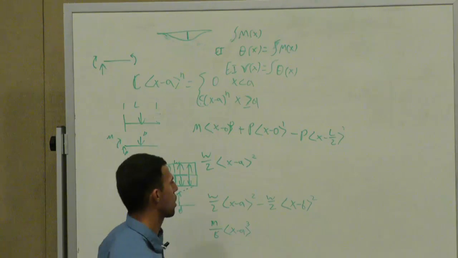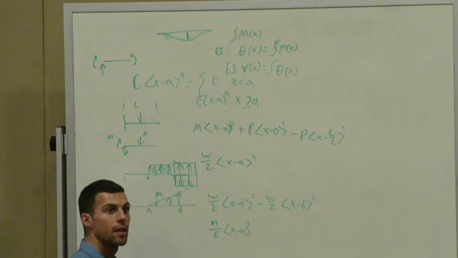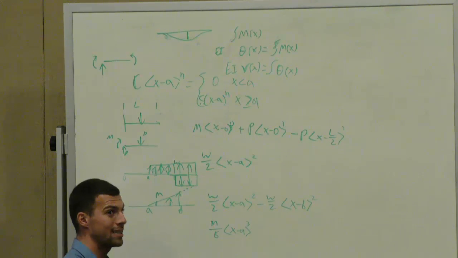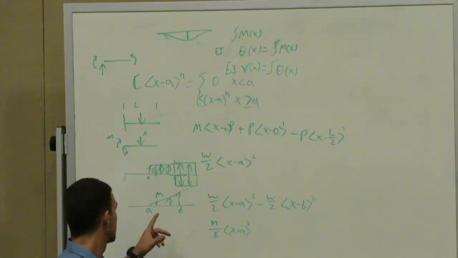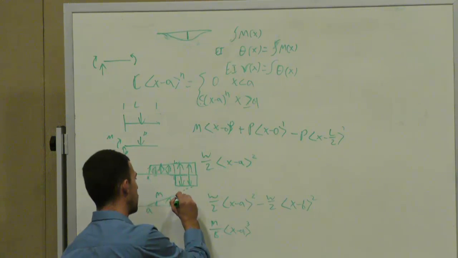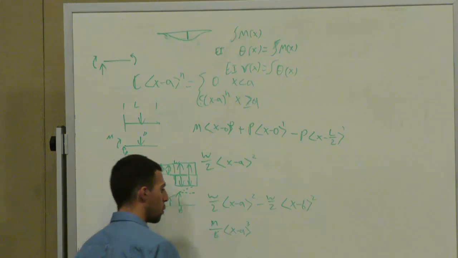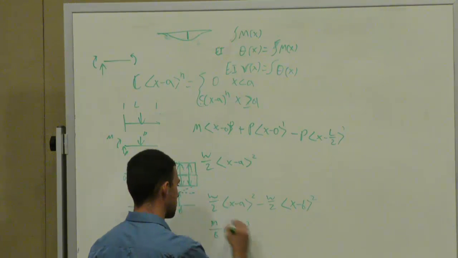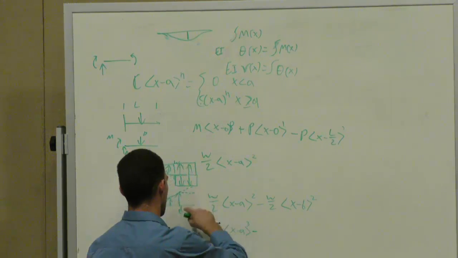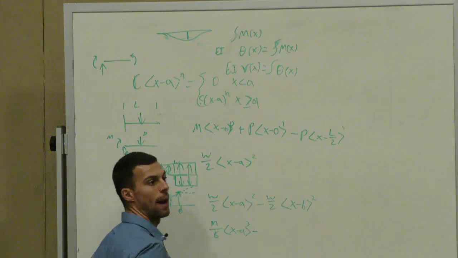In other words, what does our ghost load have to look like? It is a combination of a uniformly distributed load and a linearly distributed load. If this is positive, you have to subtract out whatever this height value is, whatever it reaches at its maximum point.